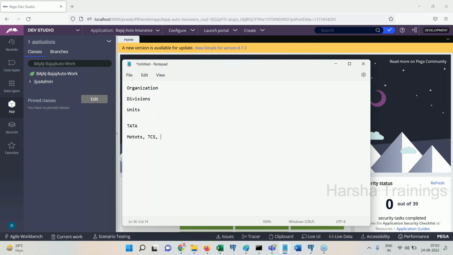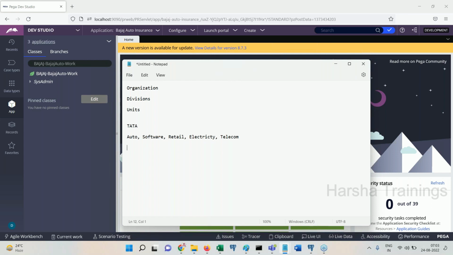Otherwise we'll take the divisions as auto, software and retail. What else are there? Power, I mean electricity, and telecommunications. Like this, there are different divisions.